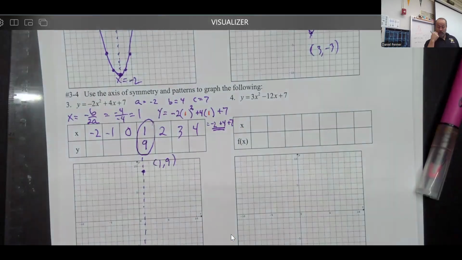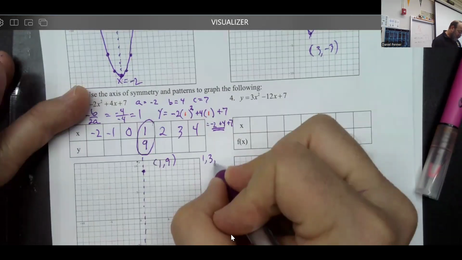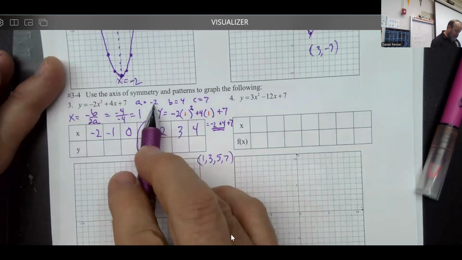This problem is a little trickier because my 1, 3, 5, 7 pattern got multiplied by A, which is negative 2.